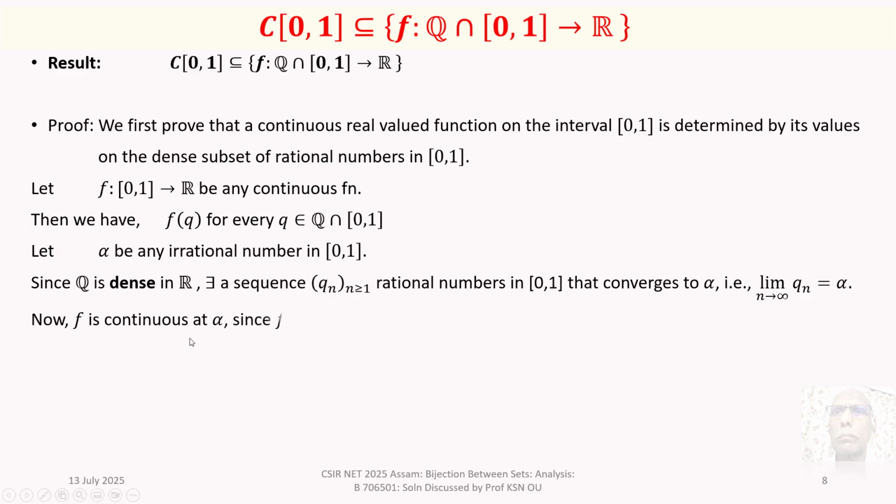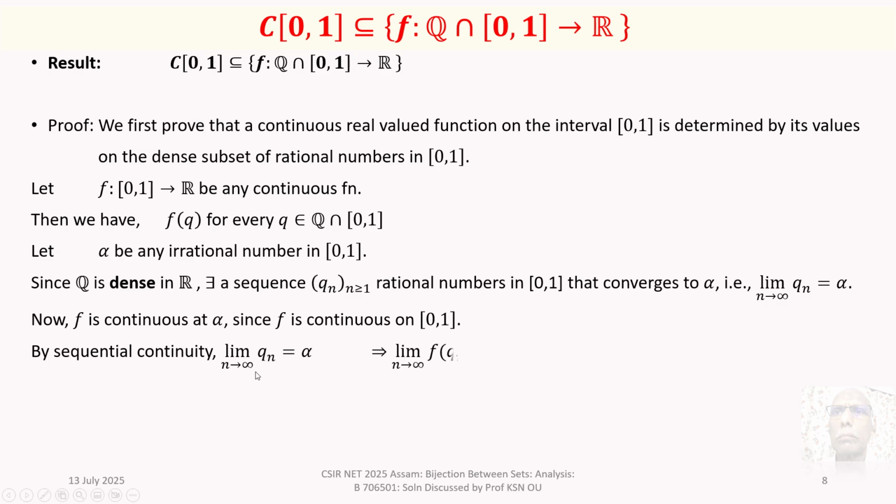Now, F is continuous at alpha since F is continuous on the whole of [0,1] and alpha is a member of that. Now, by sequential continuity, limit n tends to infinity of q_n equal to alpha will imply limit n tends to infinity of F of q_n is F of alpha. So, the same function F, its action on any irrational number is known.